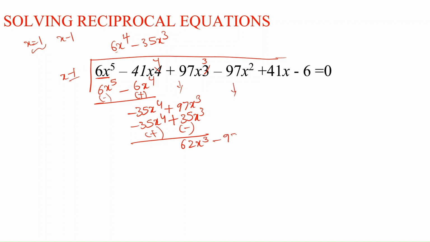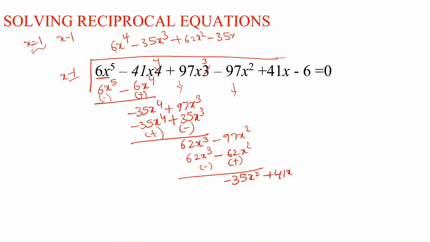This is 97x squared. Now it will be 62x squared times, which becomes 62x cubed minus 62x squared. Again the signs will change. This is minus 35x squared. Next term down. This will be like minus 35x.